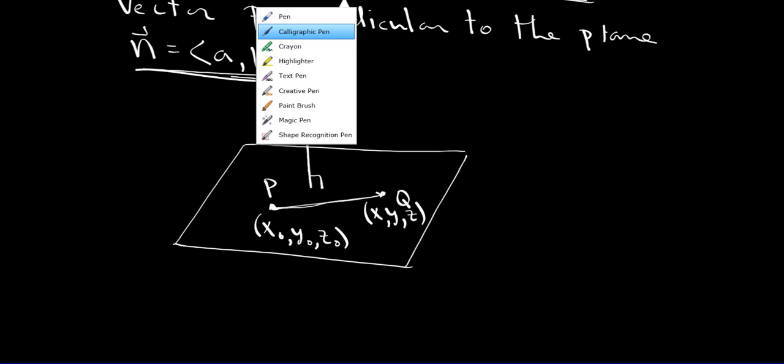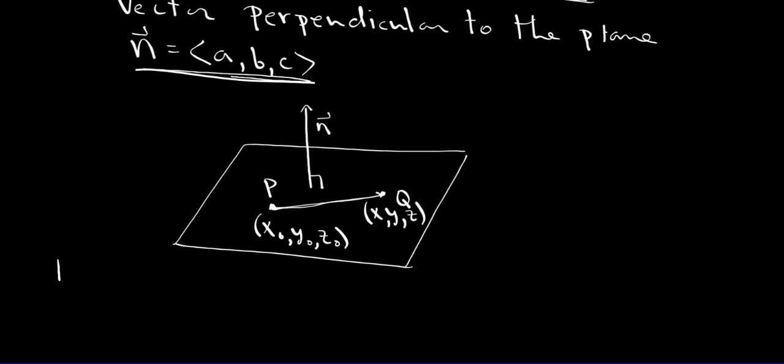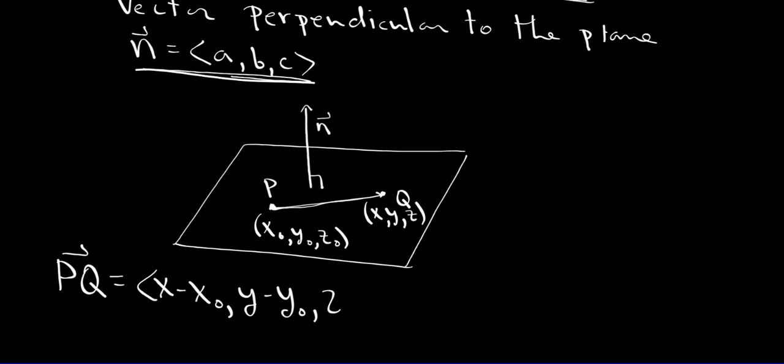I'll write PQ in this form: x minus x naught, y minus y naught, and z minus z naught. That's my PQ.